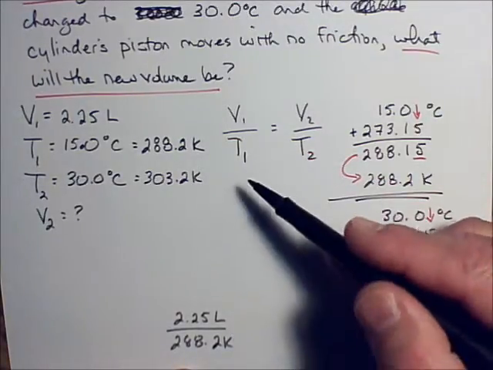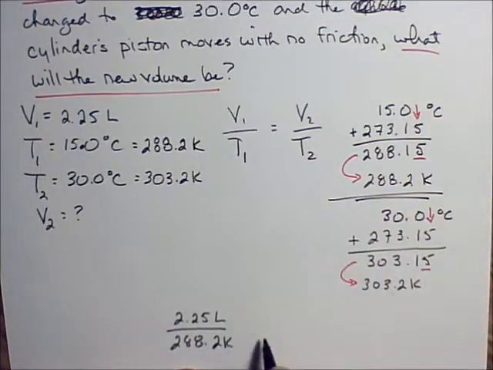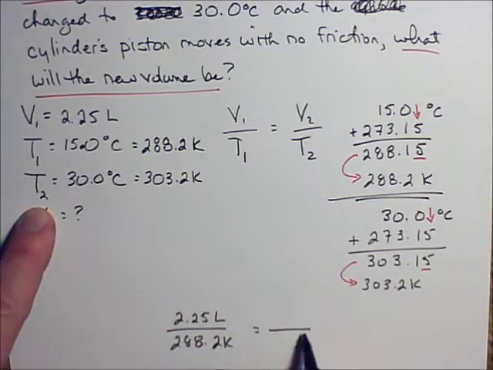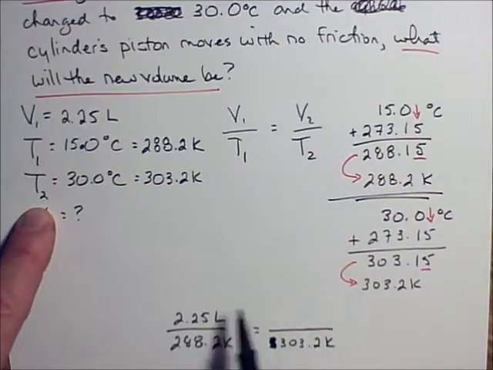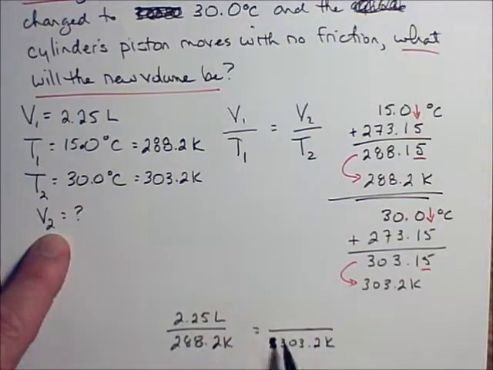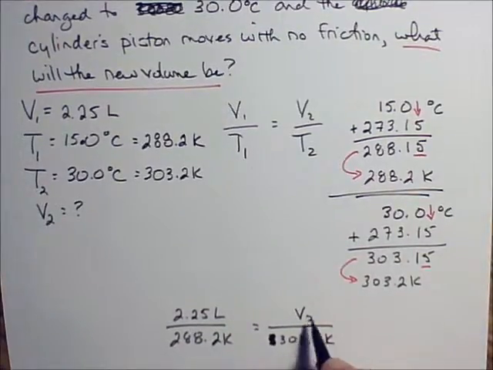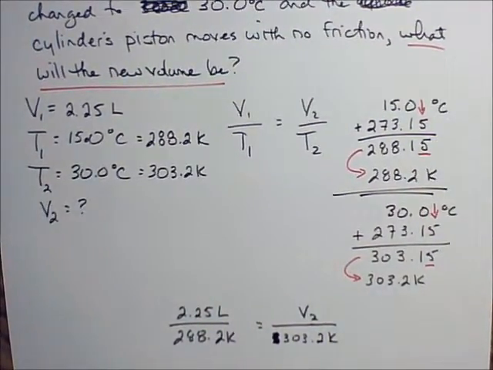V1 is 2.25 liters, T1 is 288.2 K. On the other side of the equality, then we know T2 is 303.2 K. That goes in the bottom. And then on the top, we don't know what that is. What we're doing here is plugging in only the knowns, so V2 doesn't get changed. We leave that alone. Let's leave it at V2.